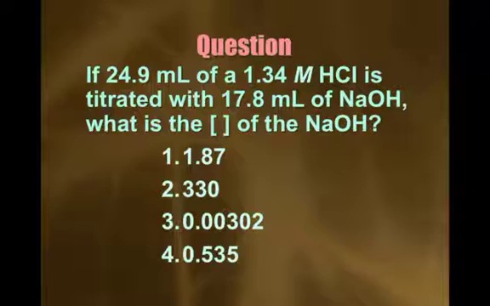I'll remind you quickly of the formula in case you forgot. It's the molarity of the known times the volume of the known equals the molarity of the unknown times the volume of the unknown. So write all that down. Calculate what your answer is going to be. I'll give you about 15 seconds to do this.